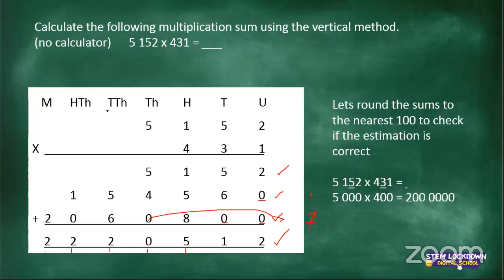Even if you forget what the place values are, you just carry on moving to the next number. When you're putting the 4 here with the 8, you put it in this column. And when you're multiplying this 4 with this 5, you put it after the 8. When you're multiplying the 4 with the 1, you put it after the 0.